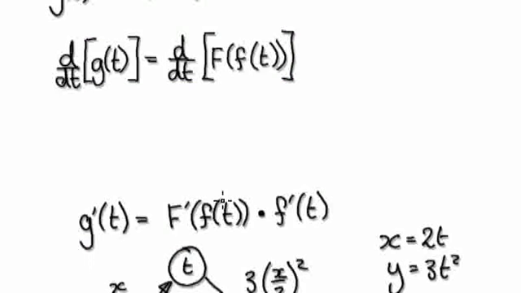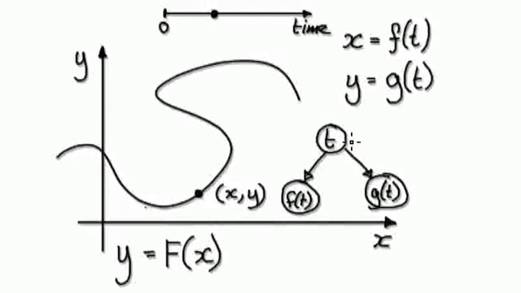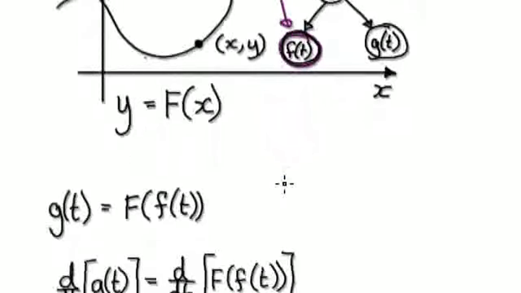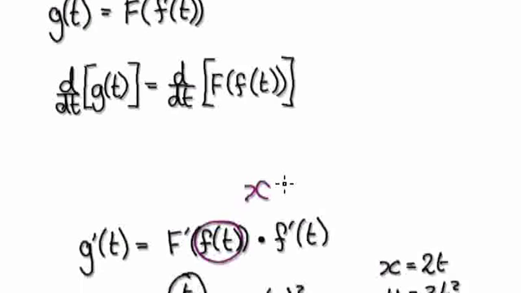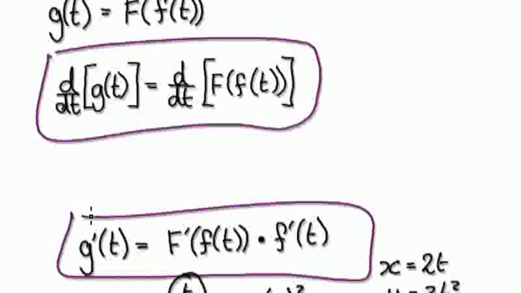Now looking at this here, don't forget we can replace this with x, because this thing here can be written as x. So I'm just replacing f of t with x. We were here, differentiate both sides, that will give you this.